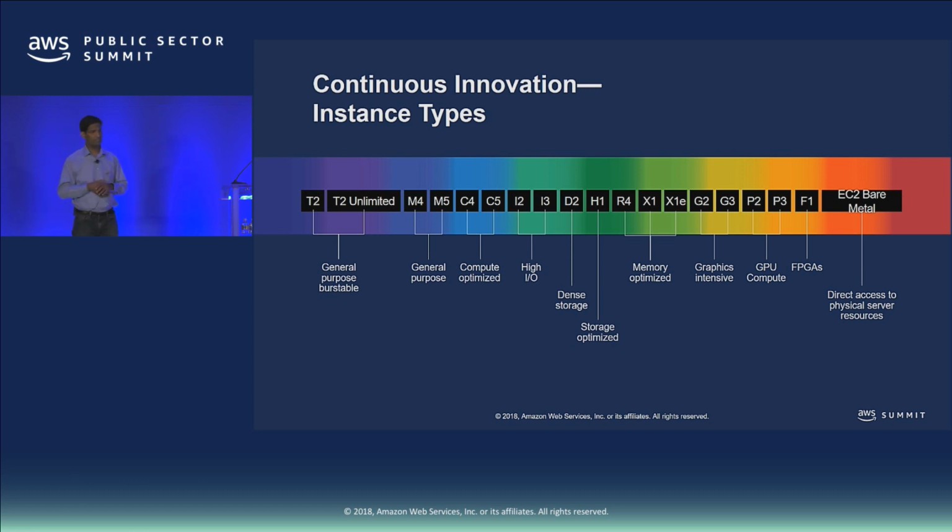Why is that important? Because not all workloads are of the same type. You have CPU-based workloads. You may have graphics rendering. You may be doing video streaming, and you need specific computation that is suitable for that workload. For that, you would typically use a GPU-based instance. So that's the evolution of CPU-based virtual machines to GPU-based virtual machines.